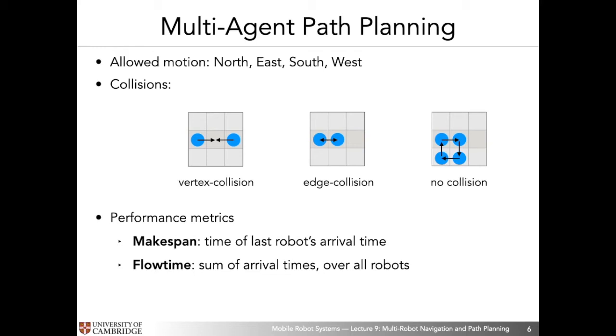So this is measured by the time of the last robot's arrival at its designated goal location. And the flow time is simply the sum of all robots' arrival times. So in a system of n robots, you'd simply be summing up the travel time over all these n robots. So makespan and flow time are the two classical performance metrics we generally use to refer to the performance of multi-agent path planning solutions.